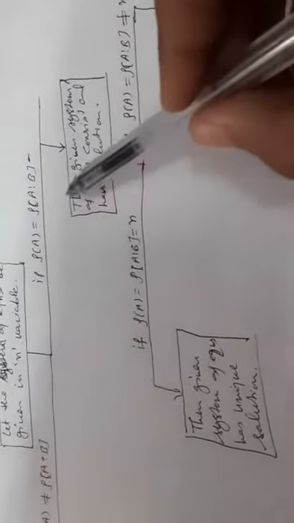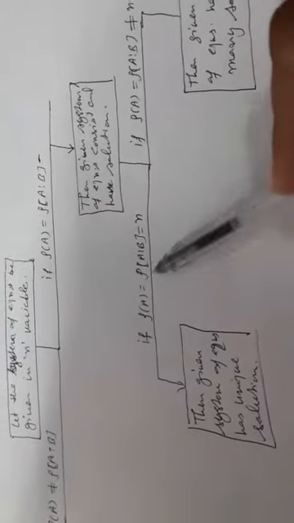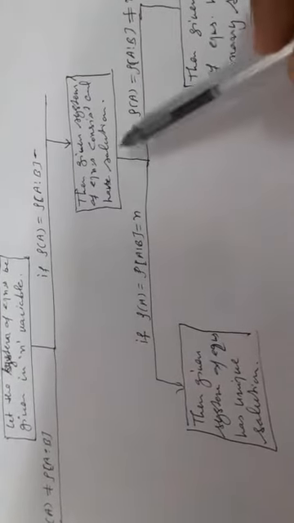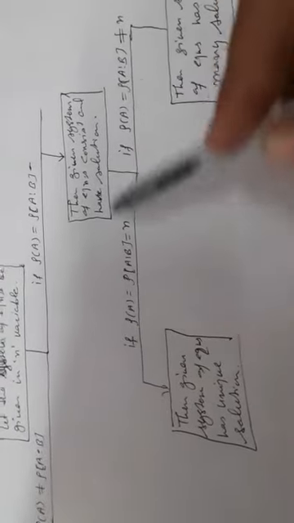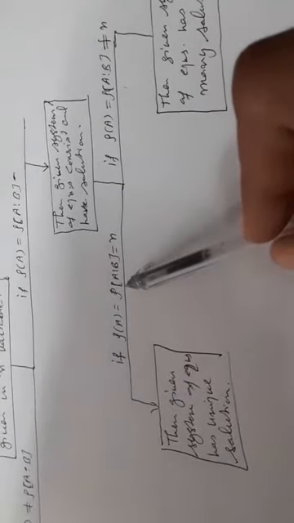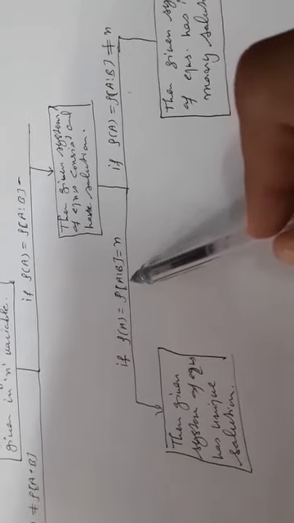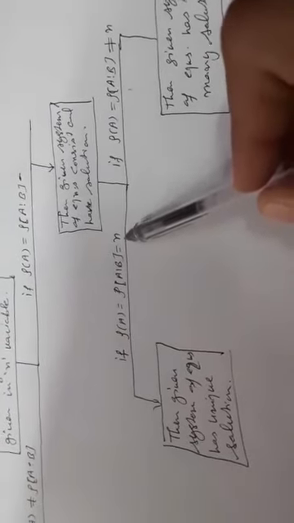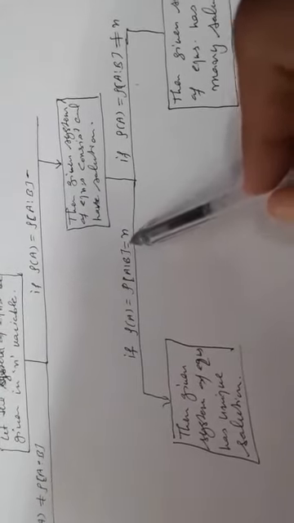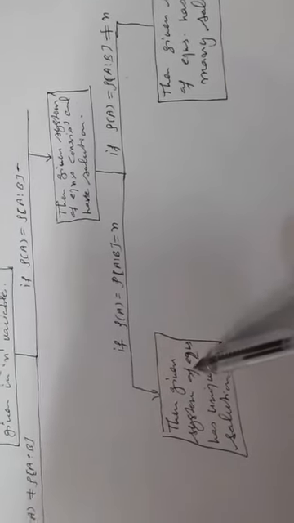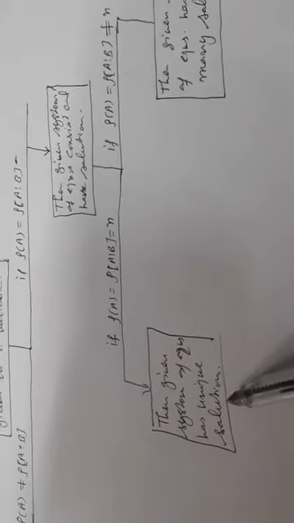If it has a solution, then we have two cases, either the case of unique solution or the case of many solutions. If the rank of matrix A is equal to the rank of A augmented B is equal to n, that is, if the rank of both matrices is equal and equal to n, then the given system of equations has a unique solution.